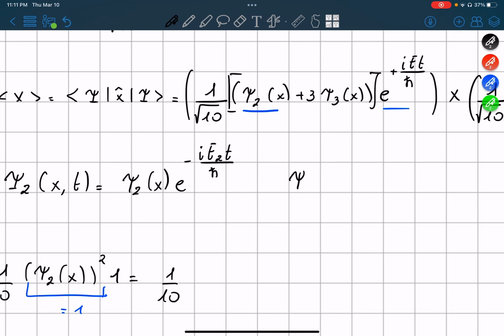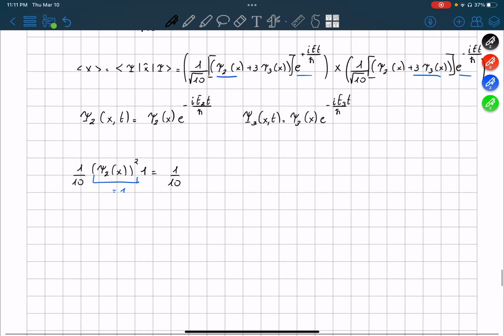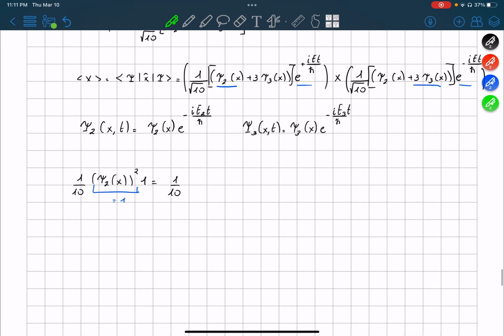If we're talking about capital psi 3 of x and t, then we're going to have psi 3 in terms of x times e to the power of negative i E3 t over h bar. So with this in mind, the first calculation doesn't change, it's still correct.